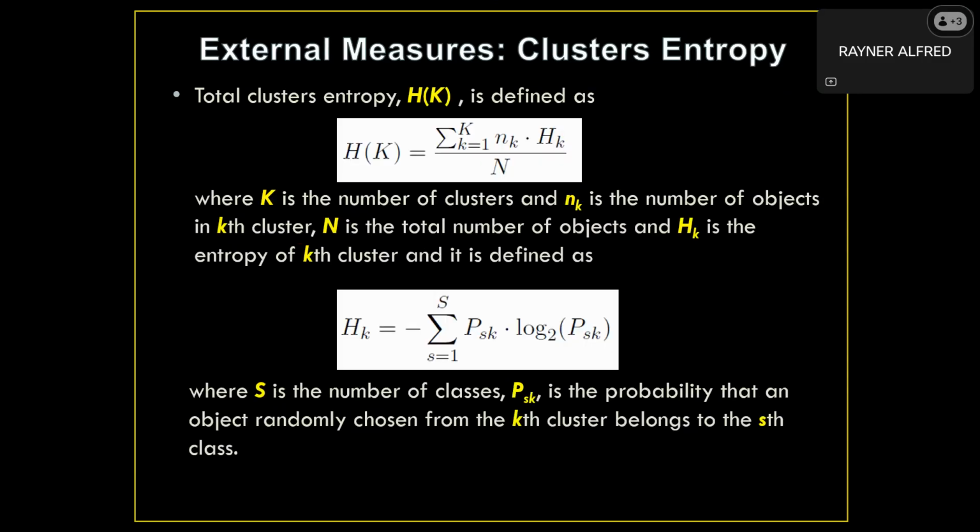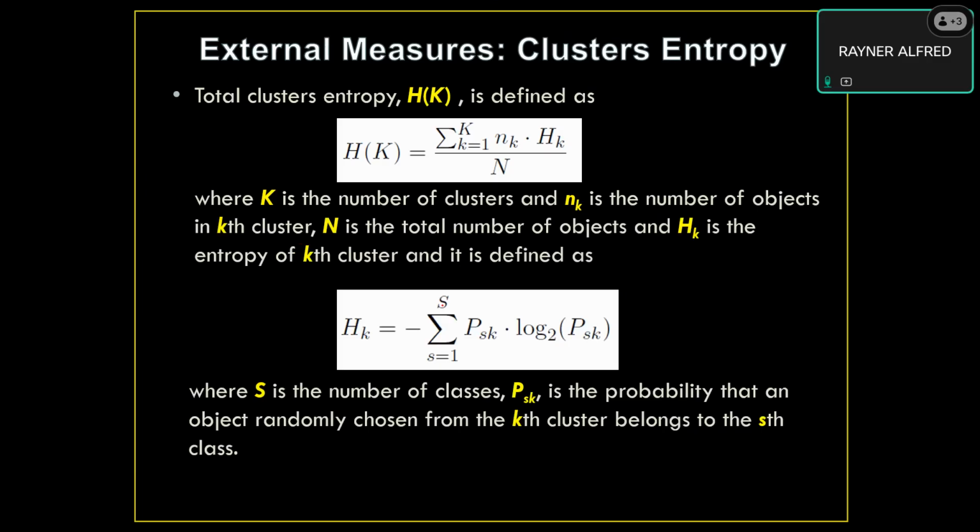So let's take a look at the first one, which is based on the content. If your cluster has one dominant content, that means the purity is high. So entropy can be used to measure the quality of your cluster, because entropy looks at the purity of your cluster.